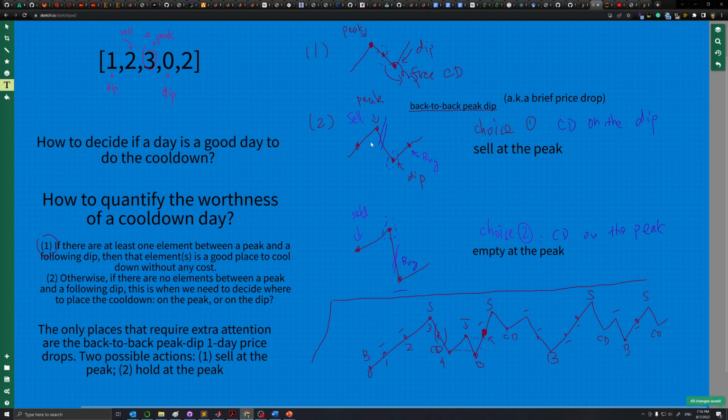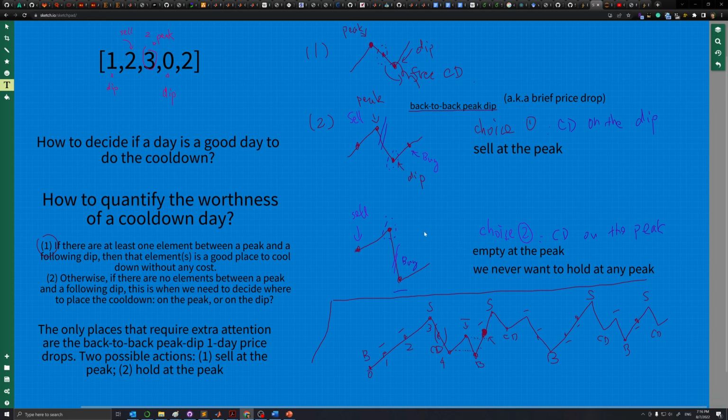Because we only want those two things. We don't want to hold at the peak. Let's say we never want to hold at any peak, because it's simply not optimal to hold at any peak.